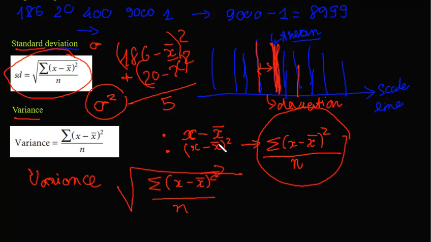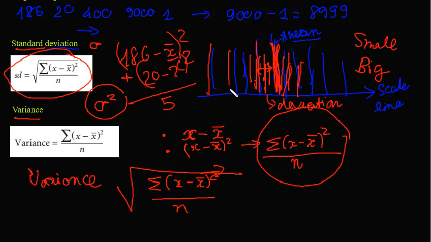If the standard deviation is small, it means that all the data is quite near the mean. But if the standard deviation is big, it means that the data is quite separated from the mean, at a very long distance.